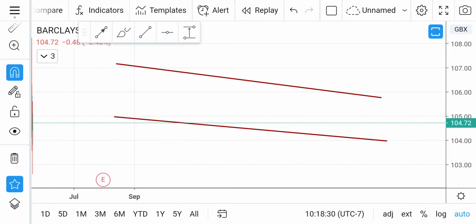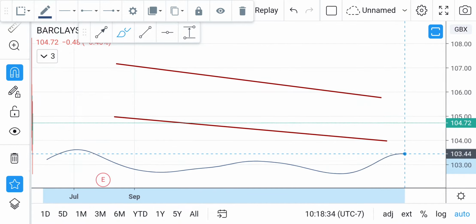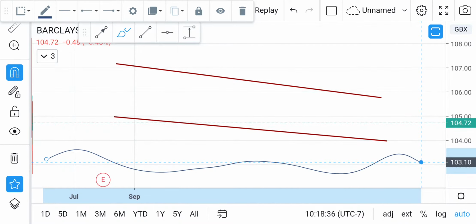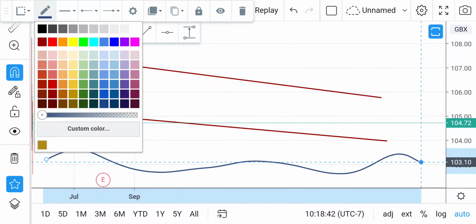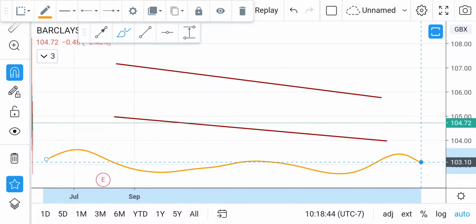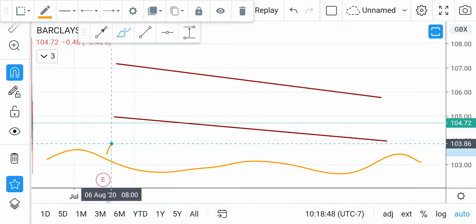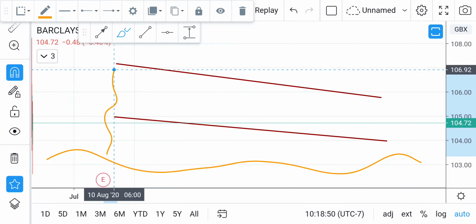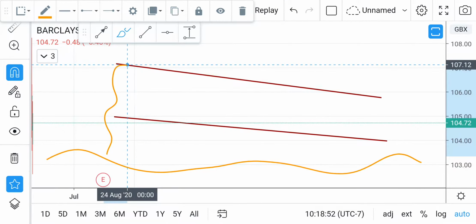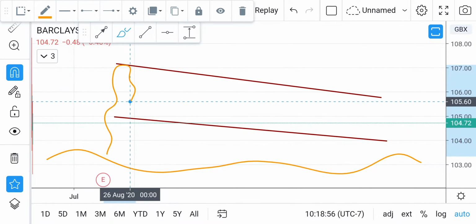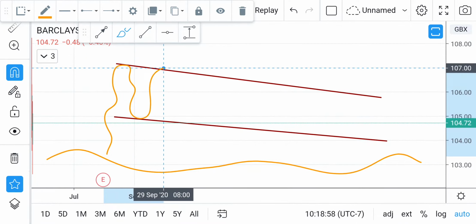So let's say this is an uptrend. This is your 200 period moving average, and price starts to go up, then it's the upper trend line of the channel and it retraces down.